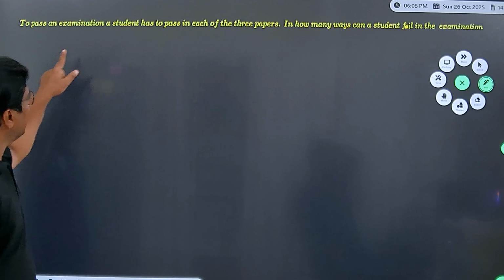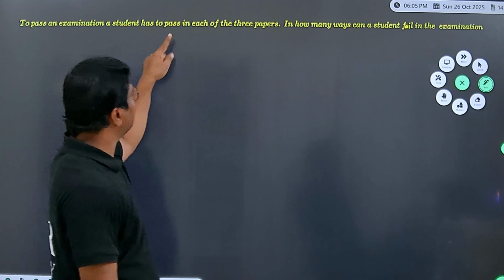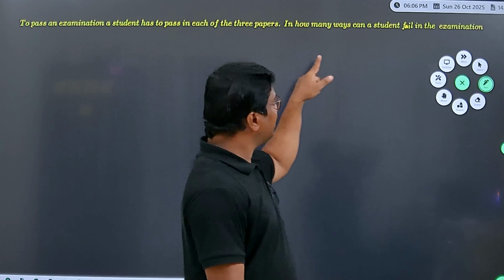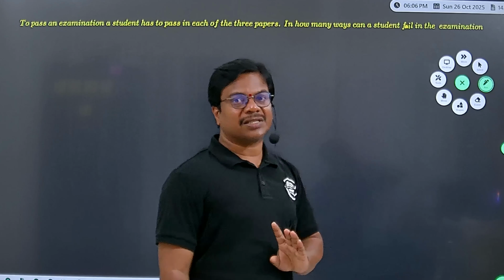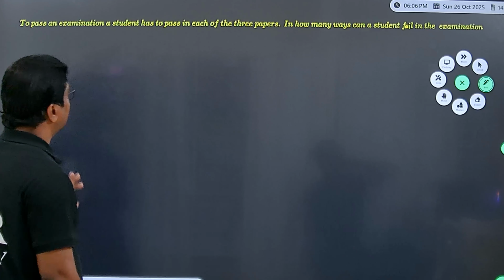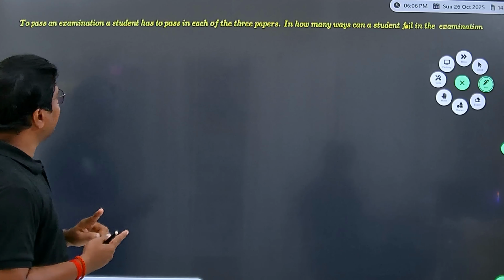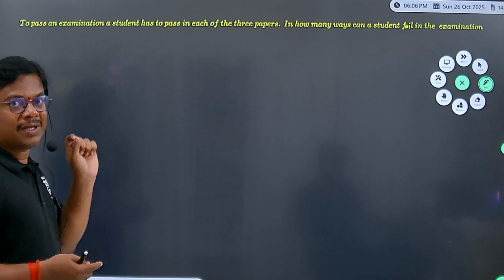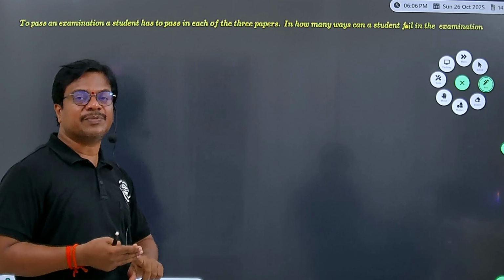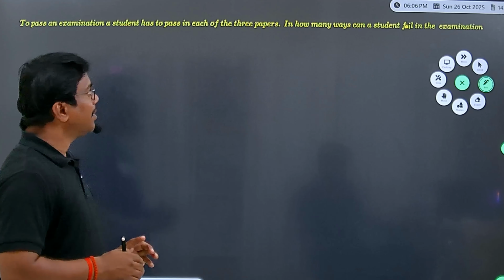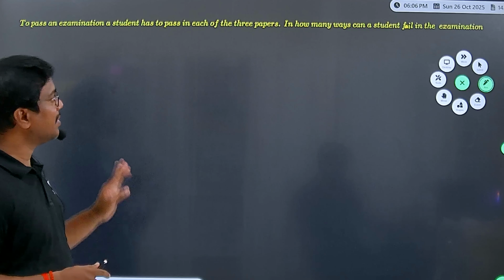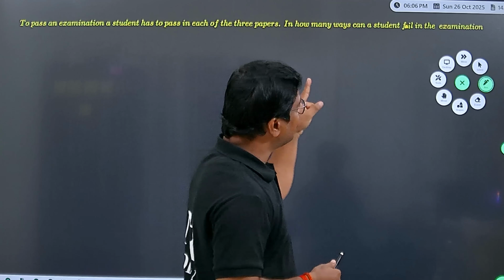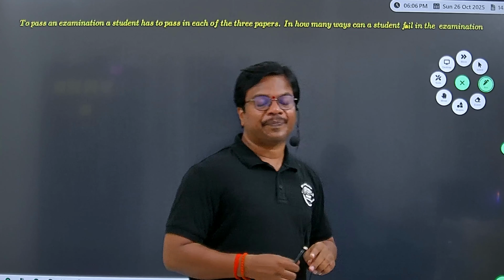To pass an examination, a student has to pass in each of the 3 papers. In how many ways can a student fail in the examination? There are total 3 papers. If the student passes in each paper, then only the student can pass the examination.